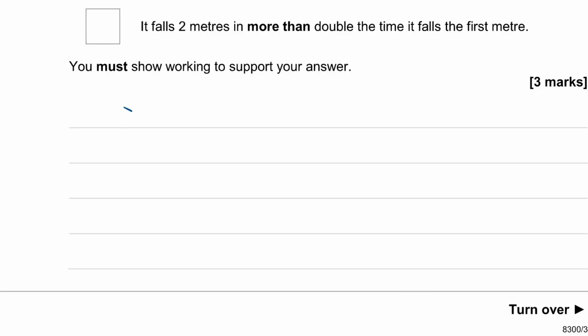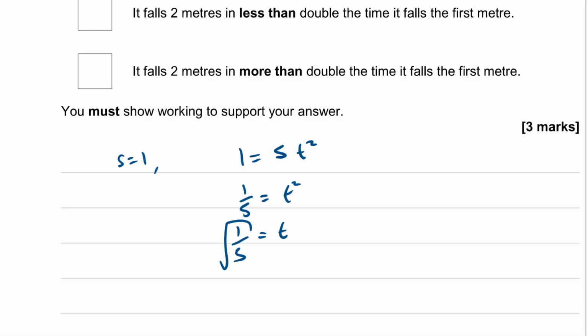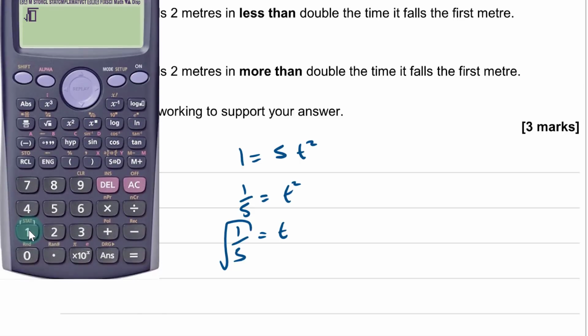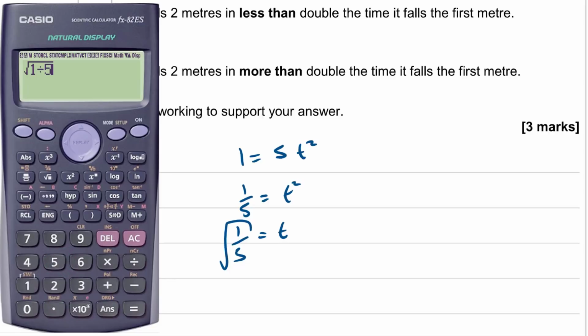So if s equals 1, then 1 equals 5t squared. So then, rearranging like we did before, 1/5 is equal to t squared, and therefore t is equal to 1/5 all square rooted.